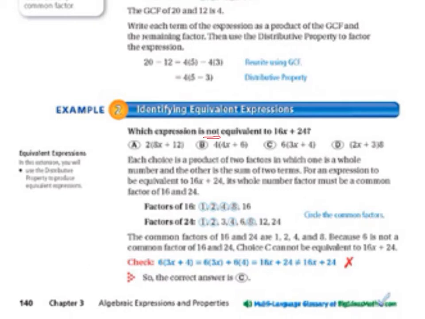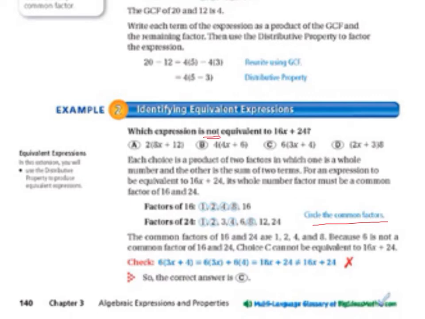For an expression to be equivalent, which means equal, to 16x plus 24, its whole number factor must be a common factor of 16 and 24. So again, we list the common factors of 16 and 24, and it says to circle the common factors.